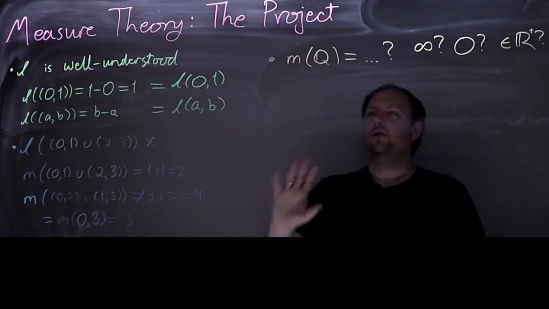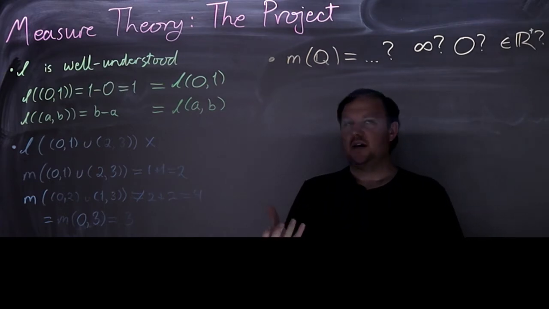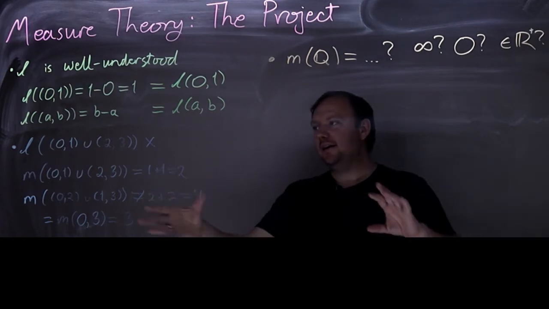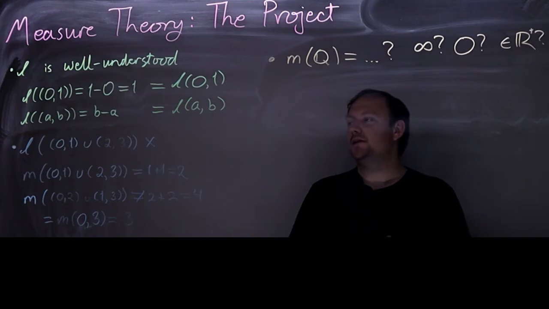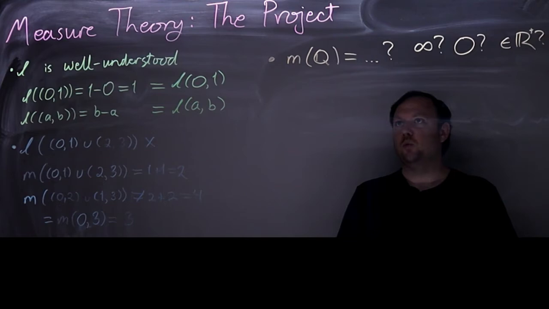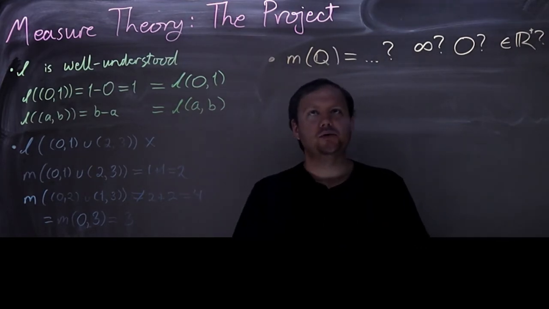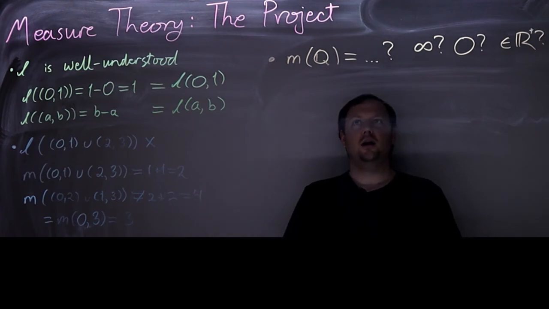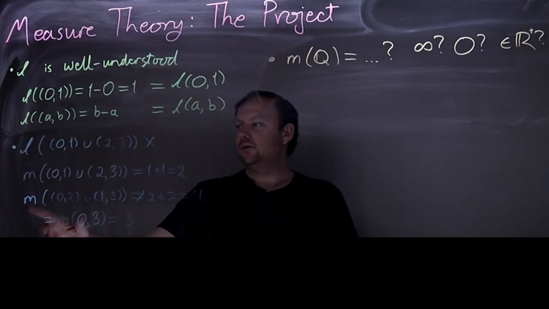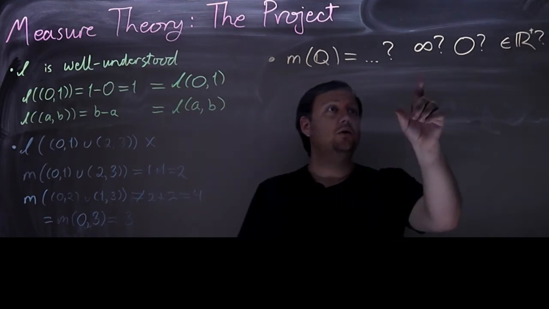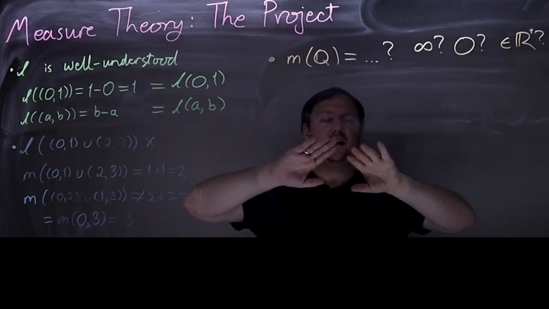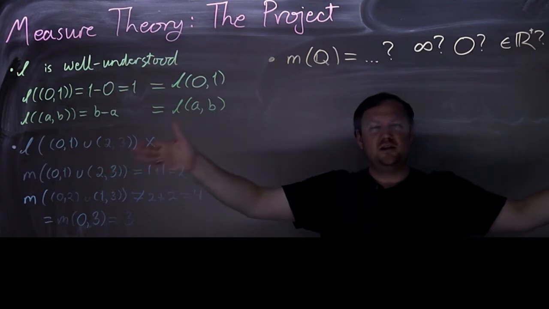But even though some of those examples are easy to understand, and you might even convince yourself of what to say about certain other examples like closed bounded intervals or infinite intervals, some sets, like the set of all rational numbers, are a lot harder to come up with an argument for if you don't have a rigorous theory about what is going to define this M. So you could propose that it should be infinity because this thing extends out to negative and positive infinity.